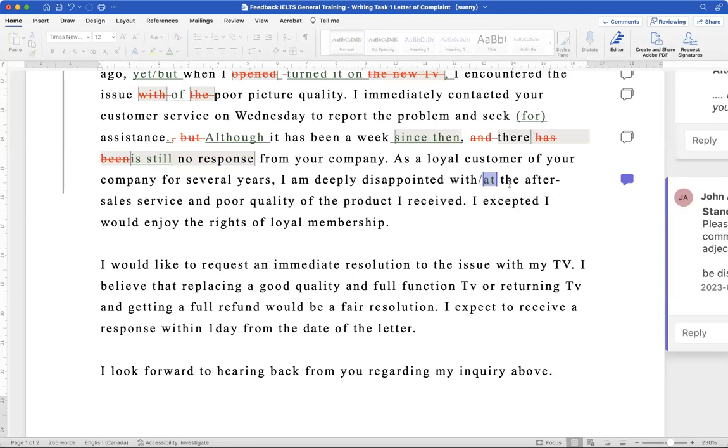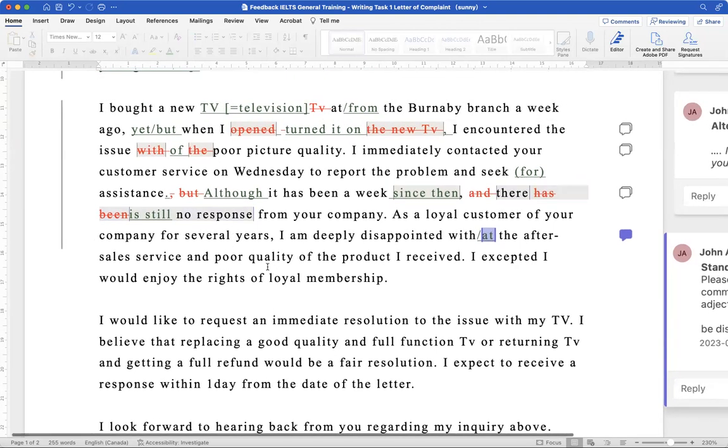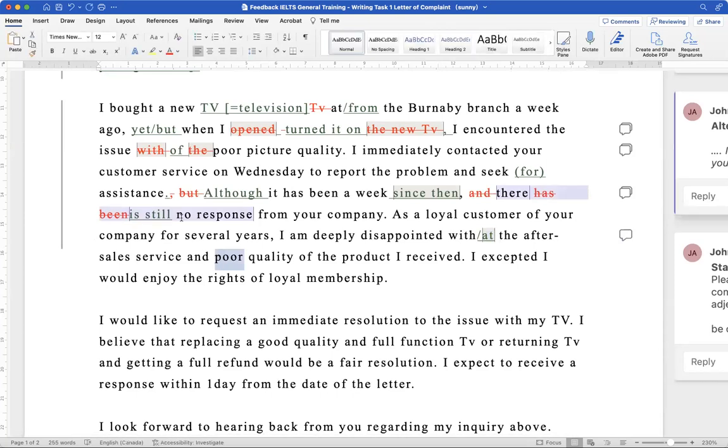I like this word. Good vocabulary usage. And poor quality of the product I received. Yeah. You used poor before. You used quality before. Again, repetition. You can say maybe low quality, or you can say cheap quality.